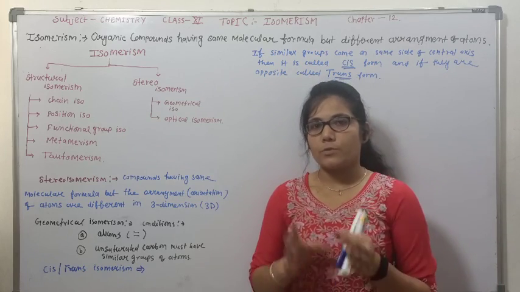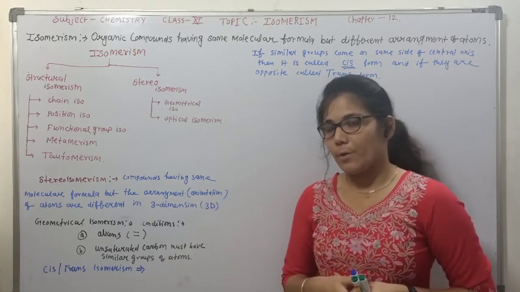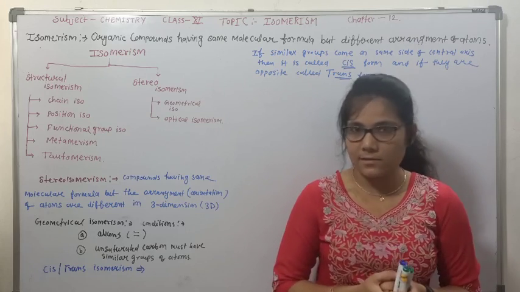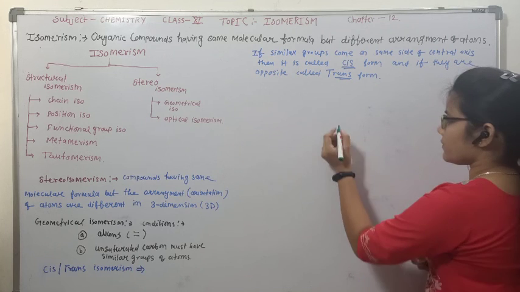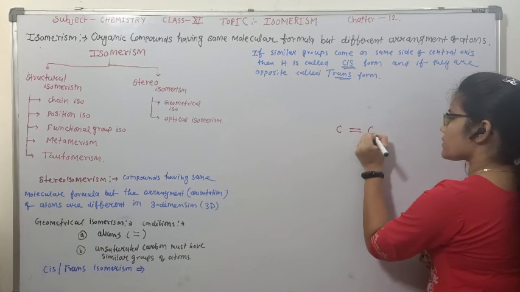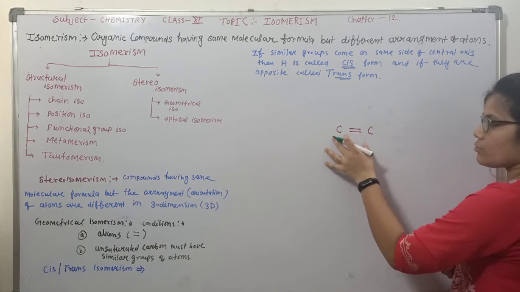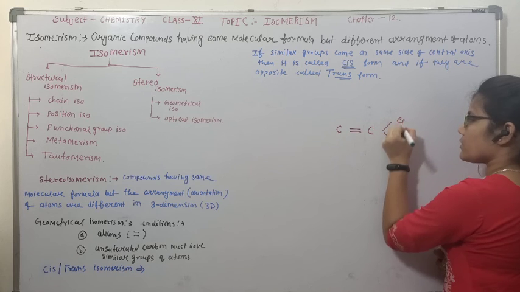Geometrical isomerism is possible only in double bond compounds, that is, in alkenes. And the second condition: suppose this is a double bonded carbon, so this carbon must have similar groups.